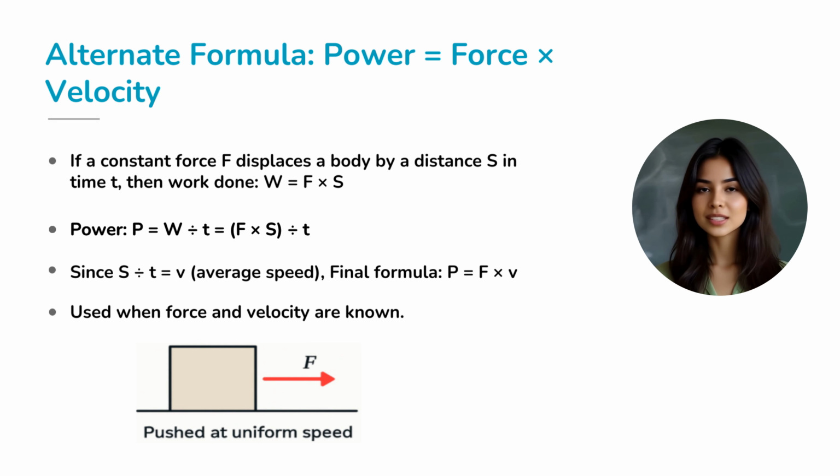Now, since distance s divided by time t equals v, which is average velocity, we substitute s divided by t with v and get P equals F multiplied by v. So this gives us an alternate formula. Power equals force multiplied by velocity. It's very useful when both force and velocity are given.